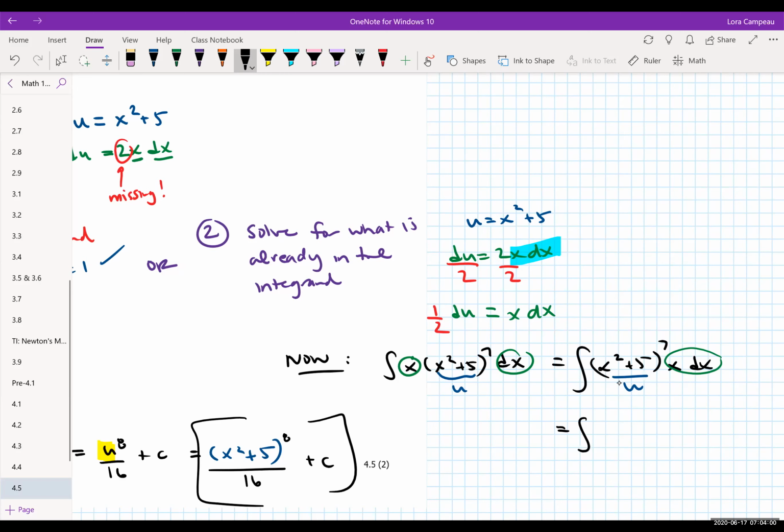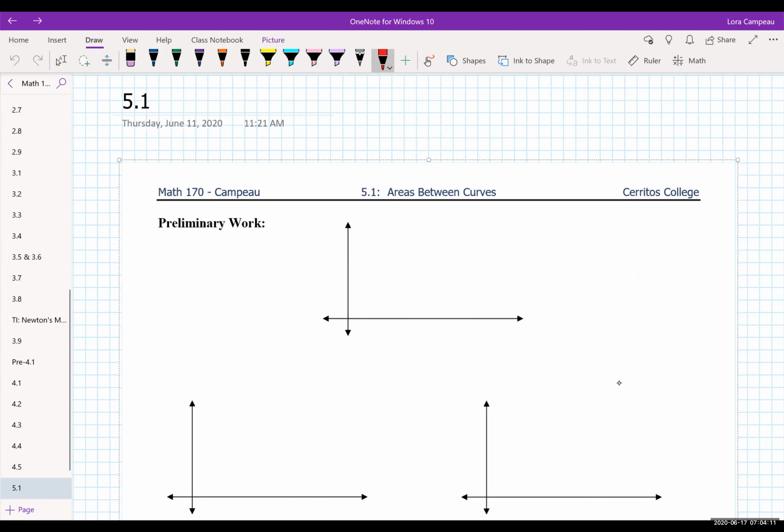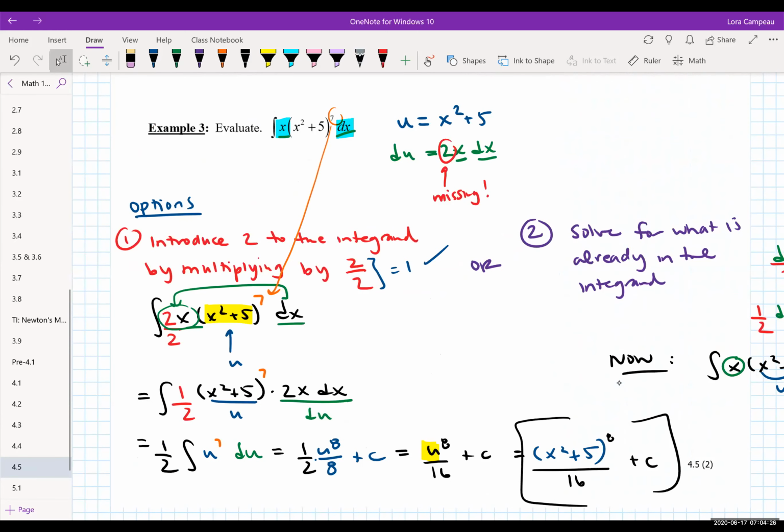Again, remember we had u to the 7th, no problem there. But x dx is actually 1/2 du. Sorry, my left hand switched pages. And my friends, check it out, it's the same thing we got when we introduced it to the integrand.